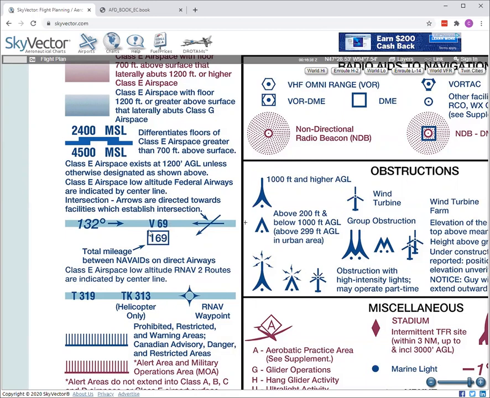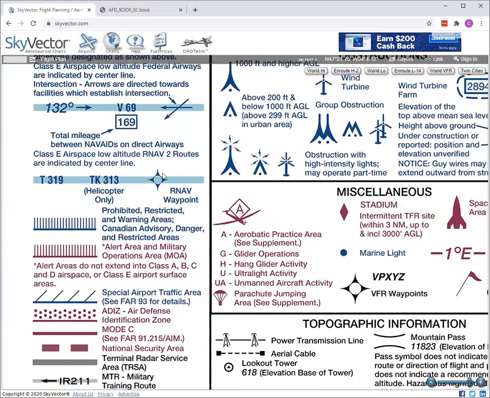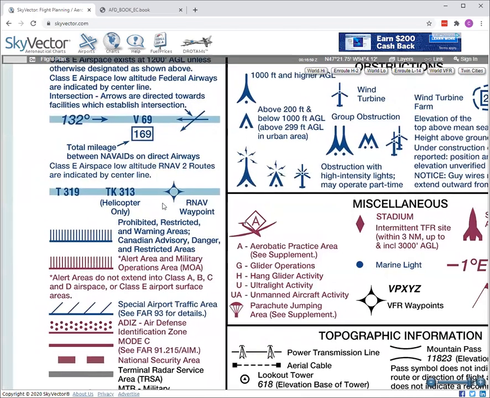Below the airway, you'll see boxes that will give you distance between the nav-aid points, and so you can use that also in your flight planning. If you see this little symbol here, this little star with a circle in the middle, this is going to be an RNAV waypoint.